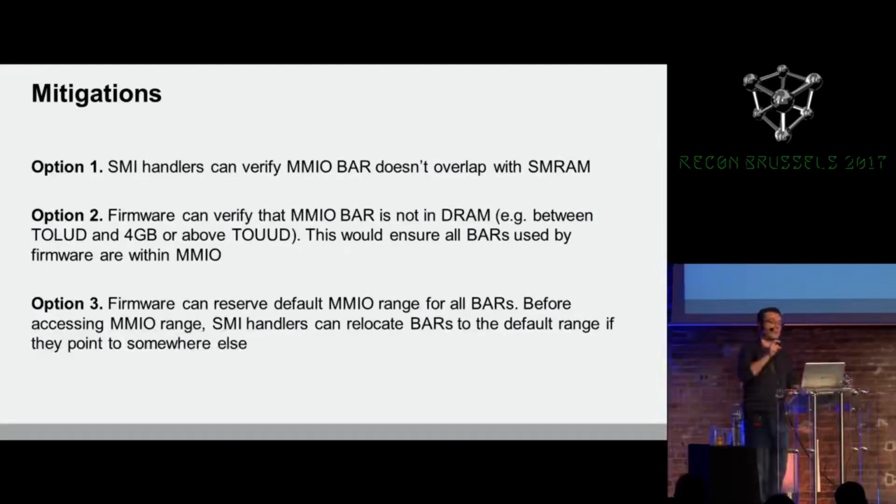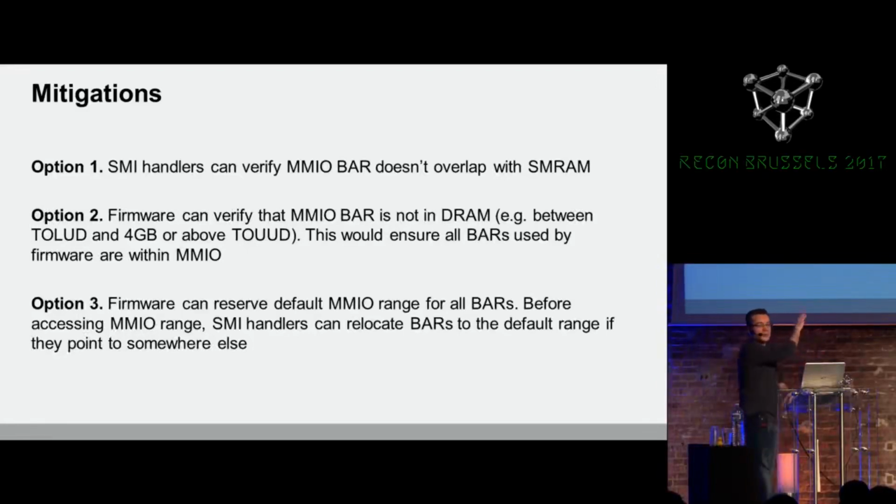It prevents you from overwriting the contents of SMRAM, but it doesn't prevent you from pointing that address that you will write to something else outside of SMRAM. Let's say hypervisor protected pages or Windows 10 VBS protected pages. So in that case, the mitigation might be different. The firmware and SMI handlers might verify that the base address of the MMIO range is actually in the MMIO.